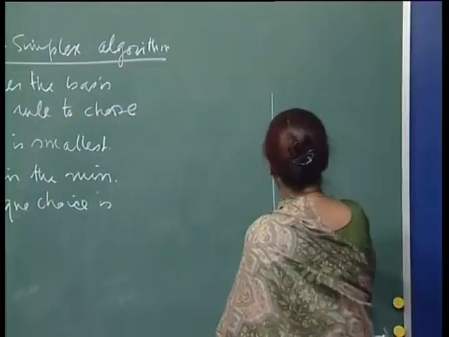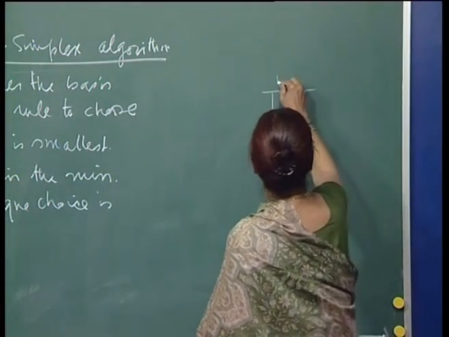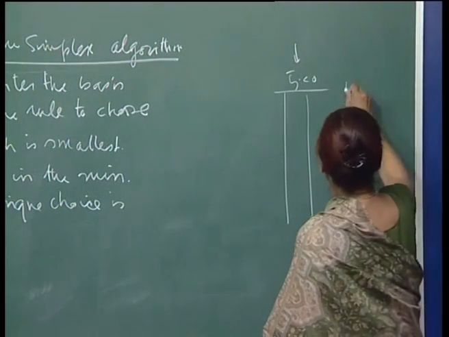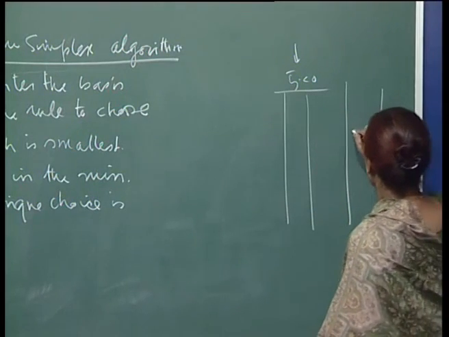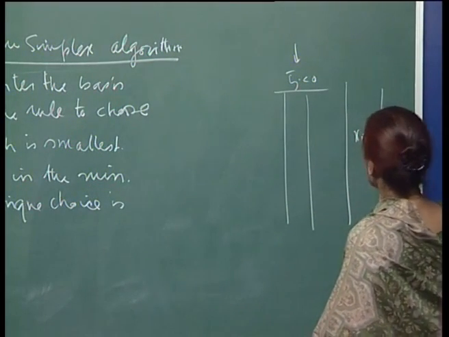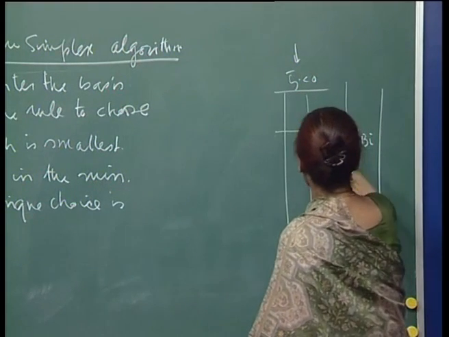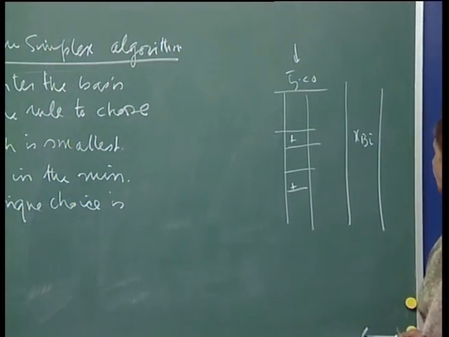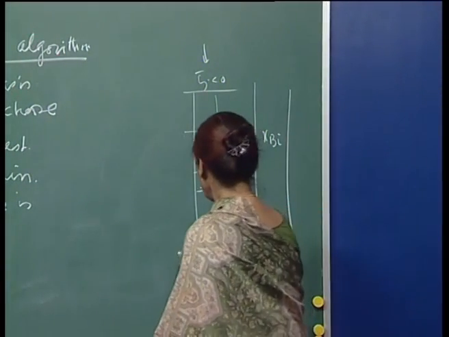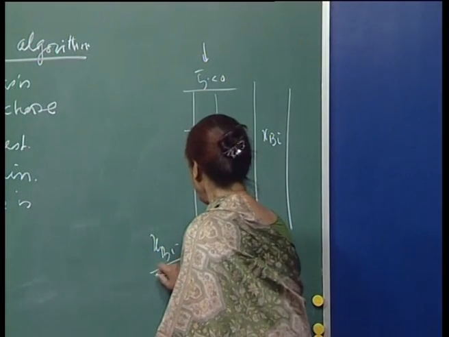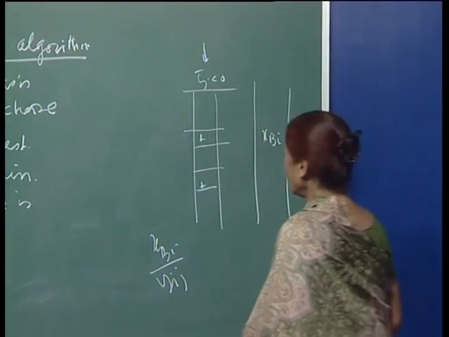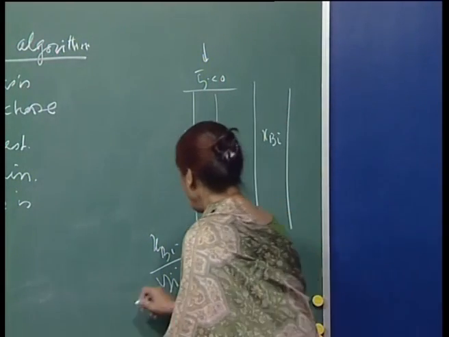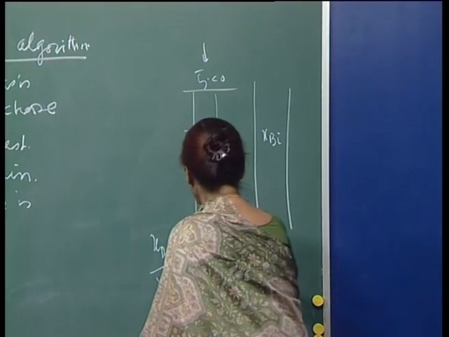See here, when you have a column, suppose this is the one with Cj bar less than 0, you want to enter this column, and on this side you have your xbi's. Then we said that we will look at the positive entries here and take the ratios xbi upon yij, for all yij greater than 0.